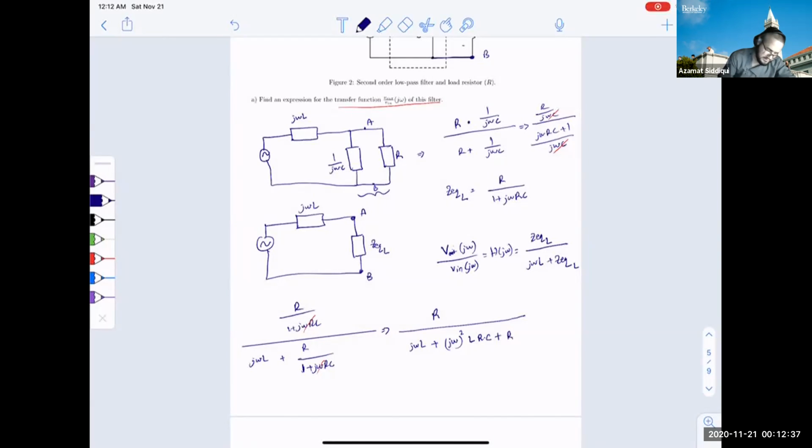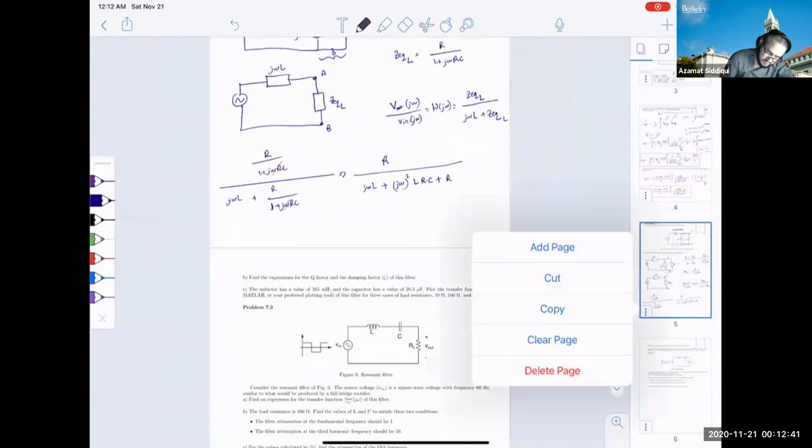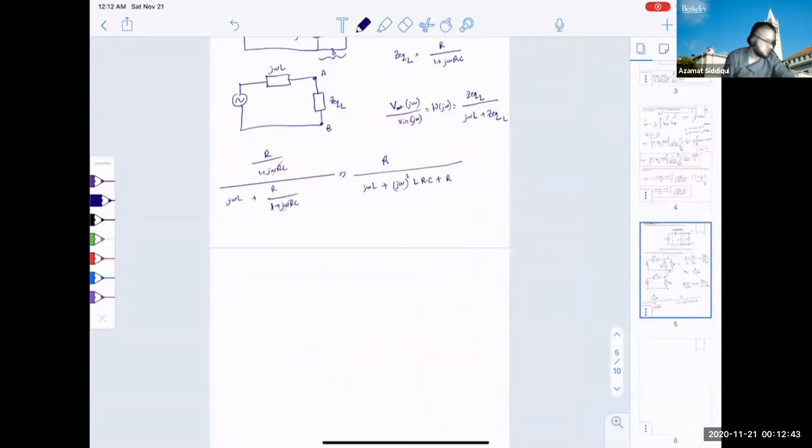So we can leave it at that expression, or we could simplify a little bit further to make it easier. Let's say this is the answer.